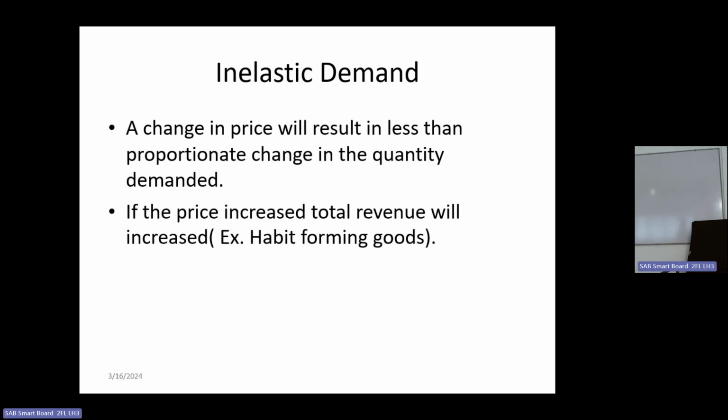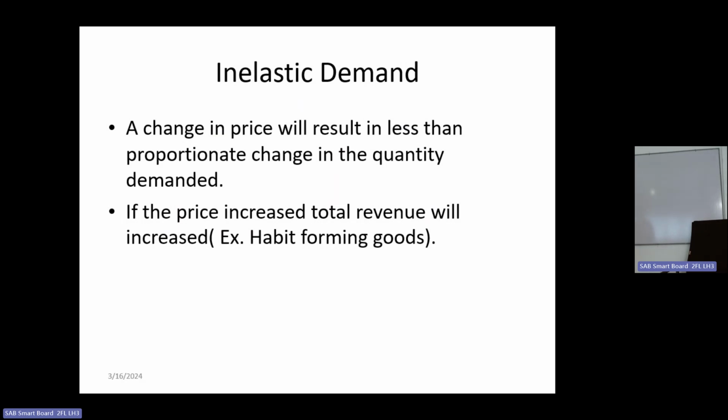If there is inelastic demand, the best option is raising the price, because demand is not sensitive to price. Even though the price increases, demand falls only slightly, so that will increase the revenue.